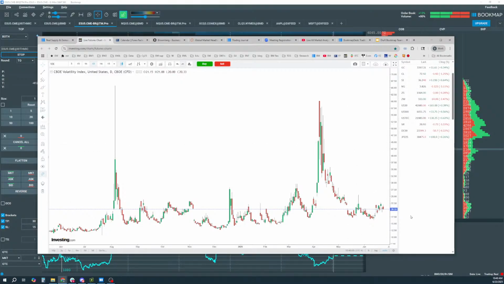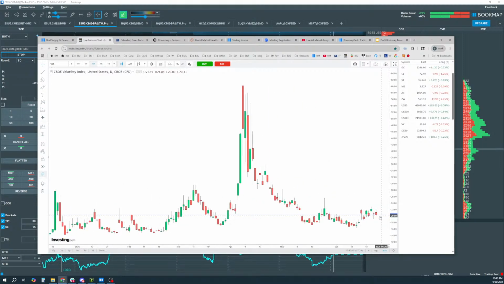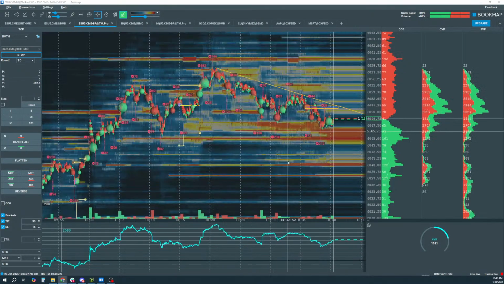So that's kind of crazy to me, but here we are, and in fact today it's down compared to other days. Just recently, as you can see, last week. So there you go.